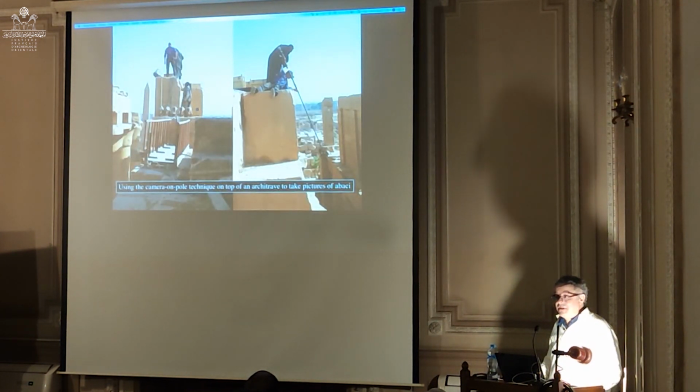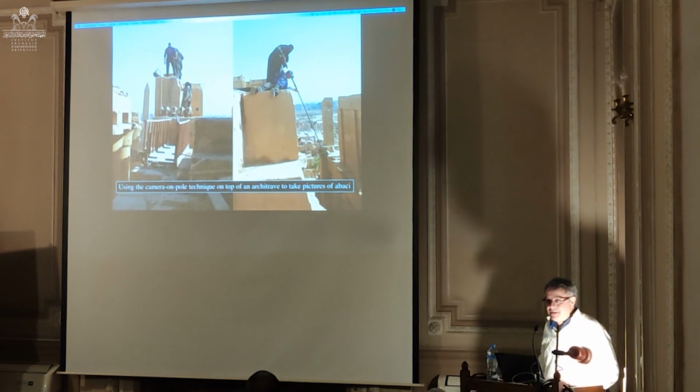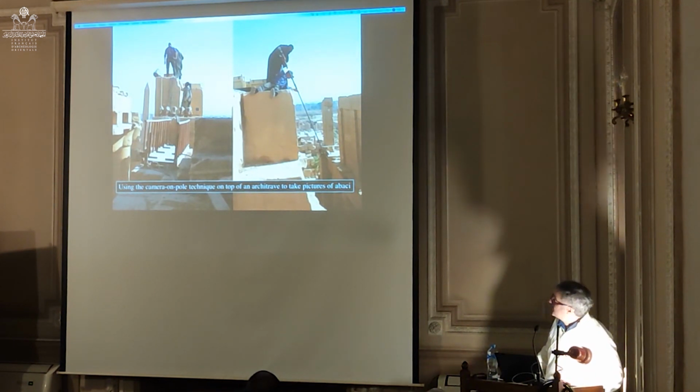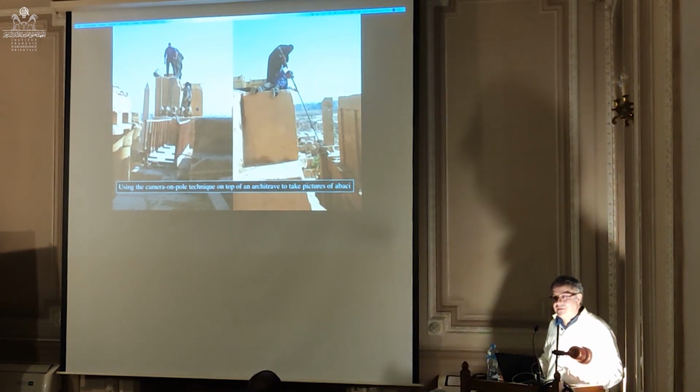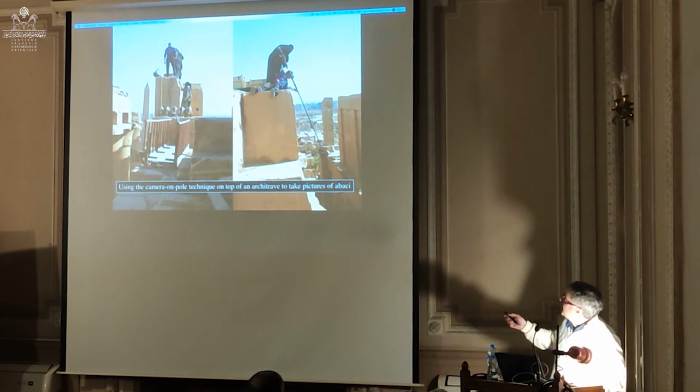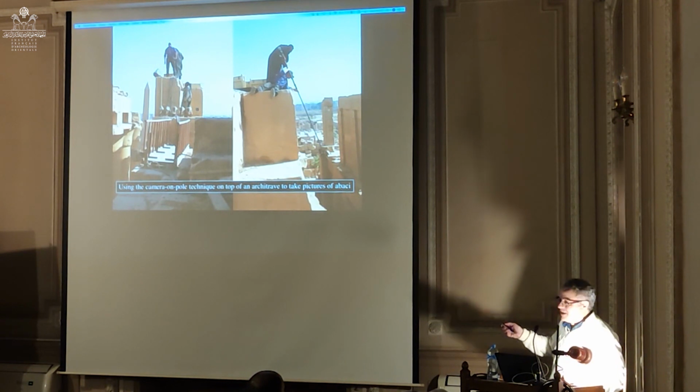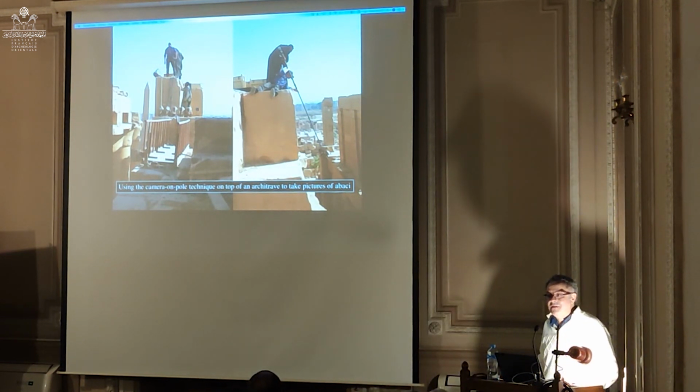So the first solution, and that was a daring one if I may say so, was for Owen Murray, and he was really the one who initiated this suggestion, to go on top of the architrave crossing the so-called Agatha Christie bridge, and then with a long pole take pictures on the side of the abacus face.